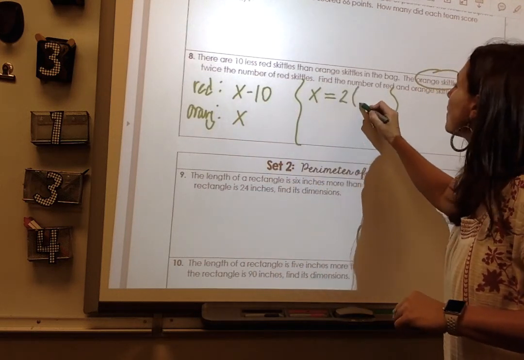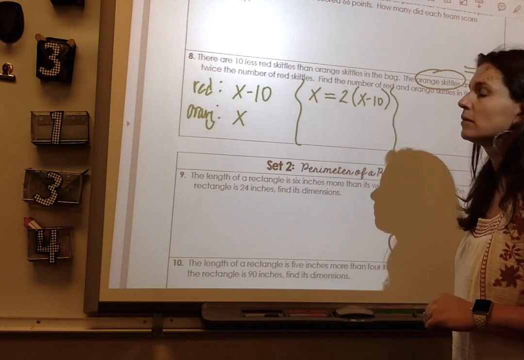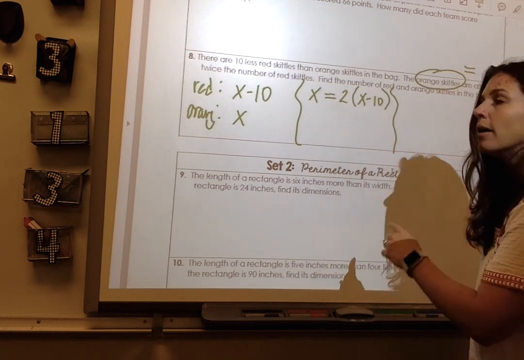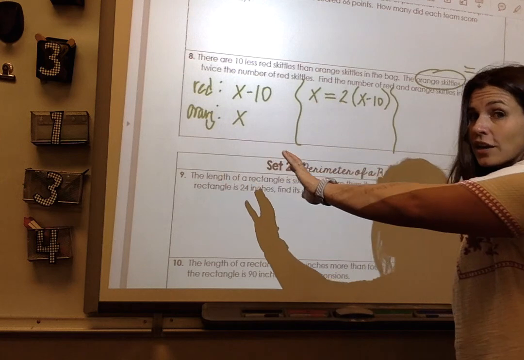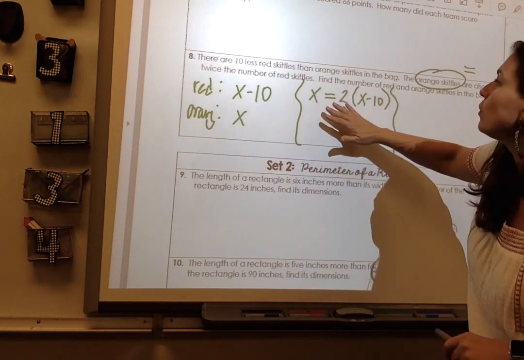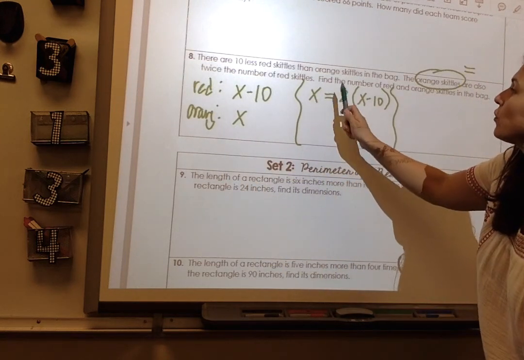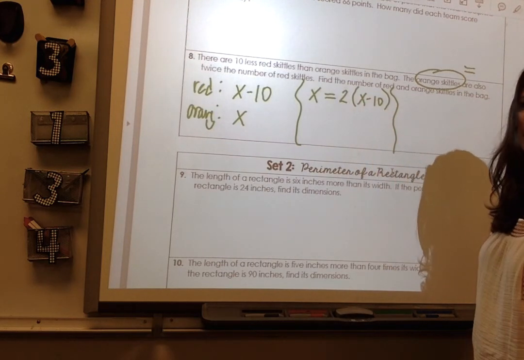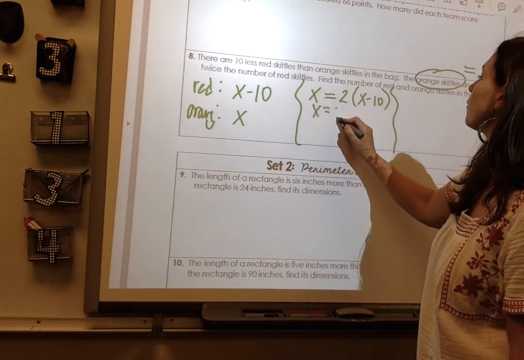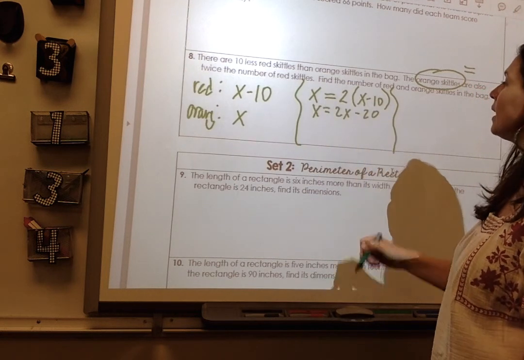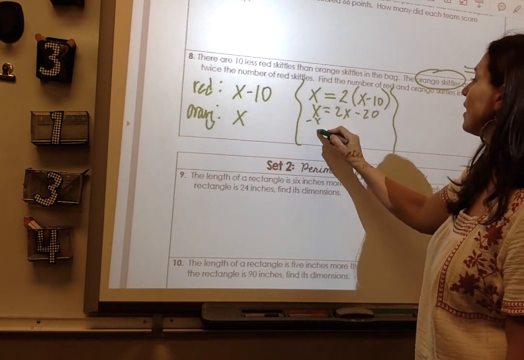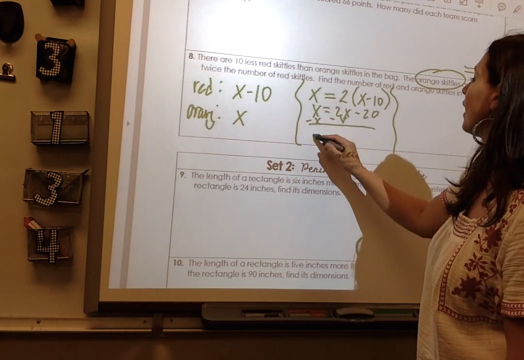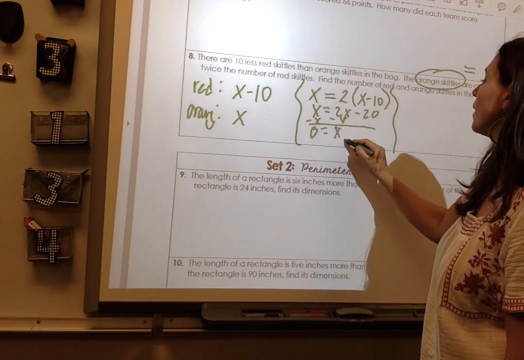So twice the number of red Skittles. So look at my equation. My variables don't change. I can't change my variables. But my literal translation, the orange Skittles are twice the number of red Skittles. See that? And now I'm going to use distributive property to solve: 2x minus 20. I'm going to move this x over, and I get 0 equals x minus 20.